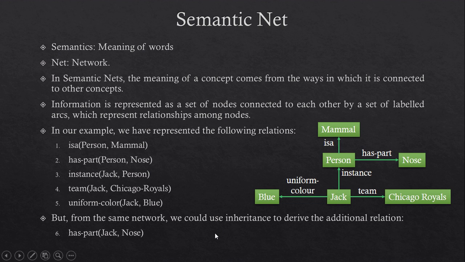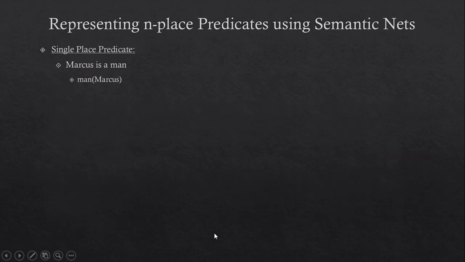Yes. How? Let us understand with the help of another example. How about a single place predicate? For example, Marcus is a man, which we know we write as man(Marcus) in predicate logic. A single place predicate, man. Can we represent this using a semantic net?